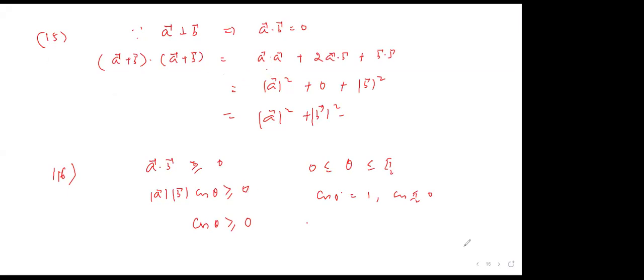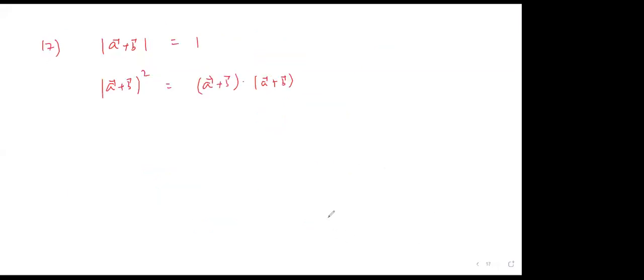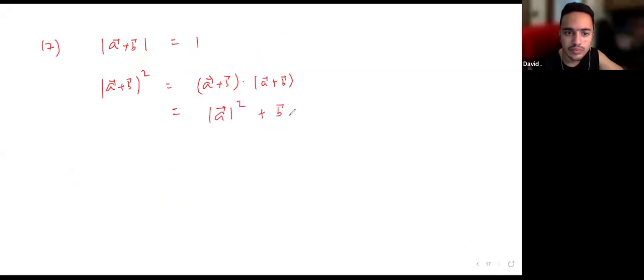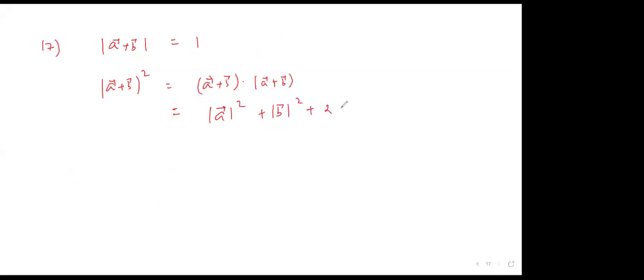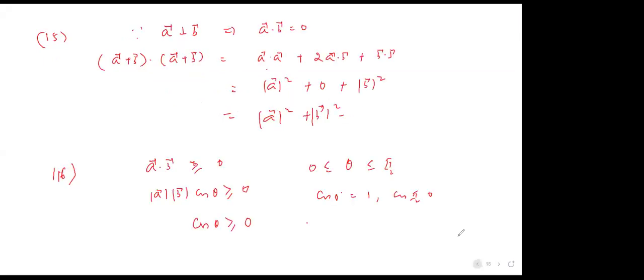So this will be A square plus B square plus 2 times A dot B. We did it earlier.